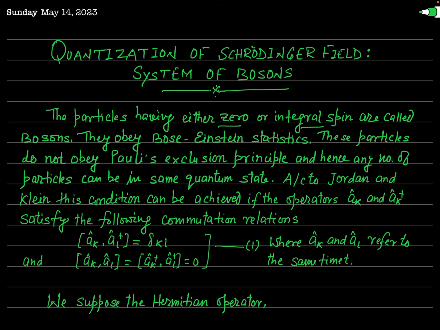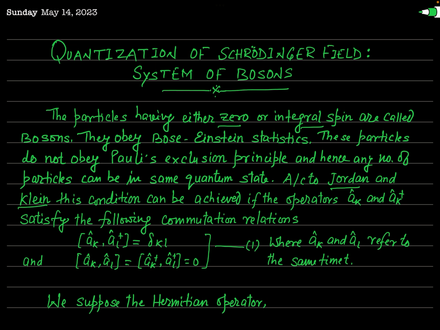So to deal with the problem of quantization of the Schrodinger field for this system of bosons, we have to adopt the idea which was developed by two famous mathematicians, Jordan and Klein.